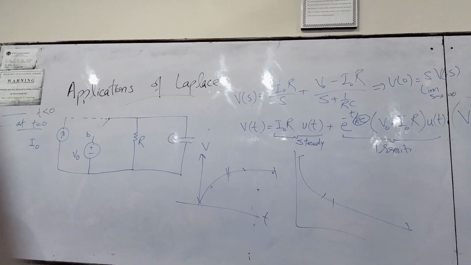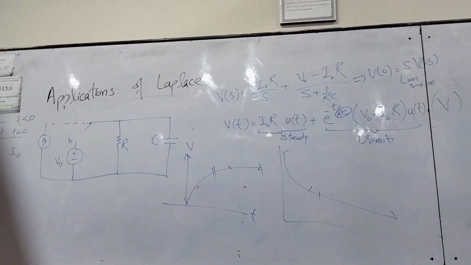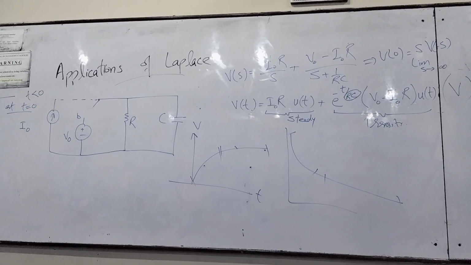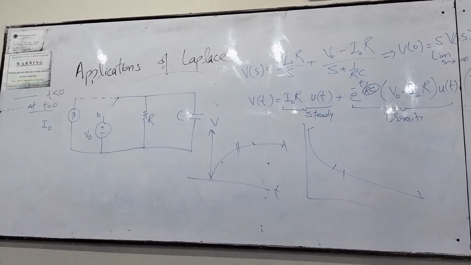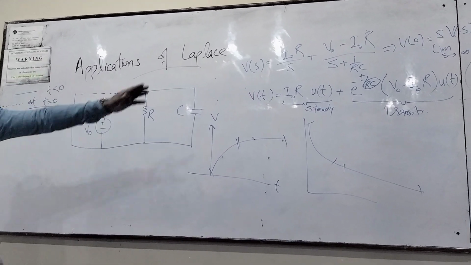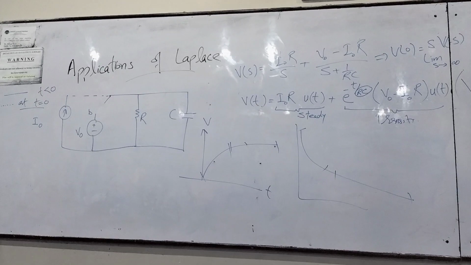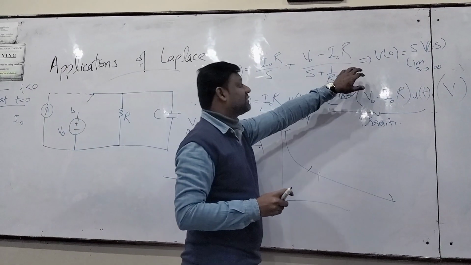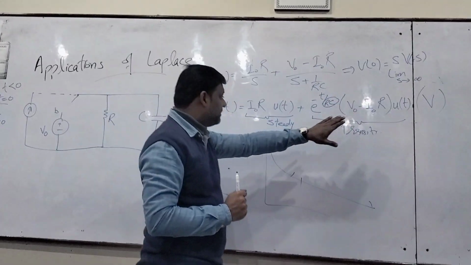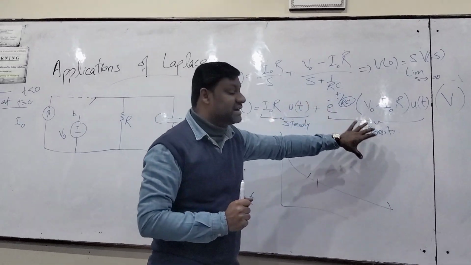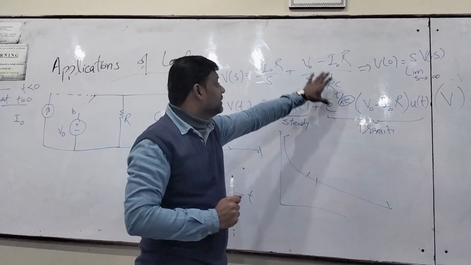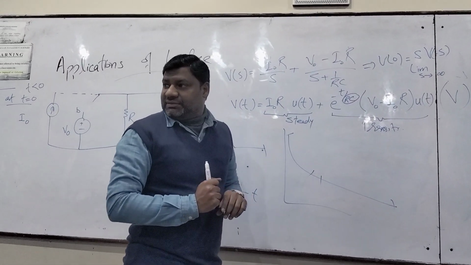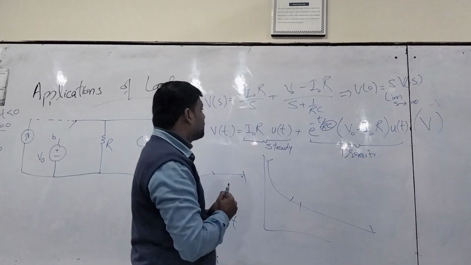And V of infinity is equal to S V of S, limit S tends to 0, for the final value. Okay, so here you can find out those values. In the next example, he has asked. In this example, he didn't ask to find out the initial or final, but in order to justify that it is the steady state and it is the transition phase, you can find out the initial and final values.